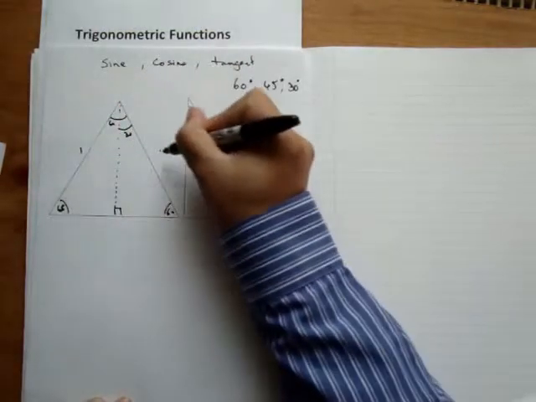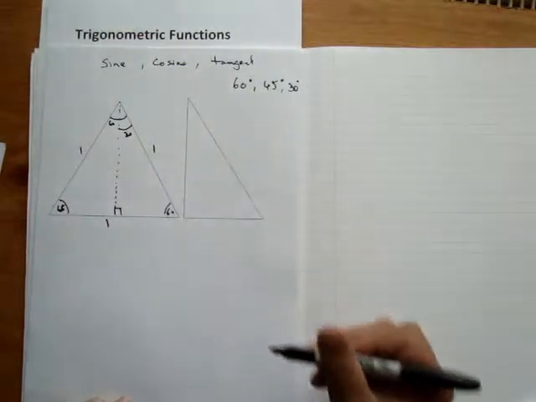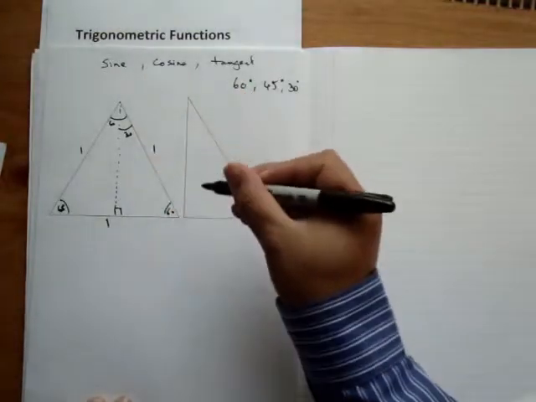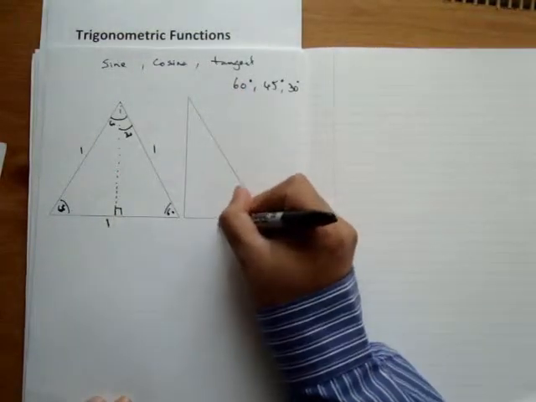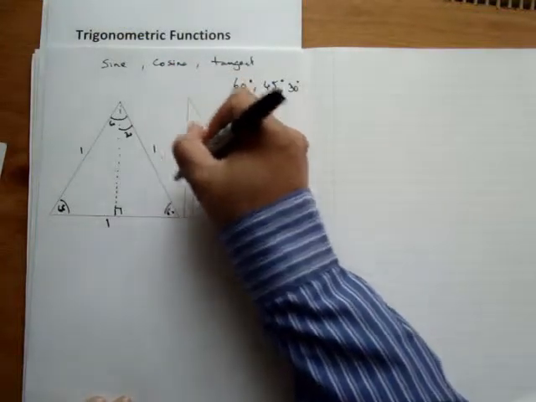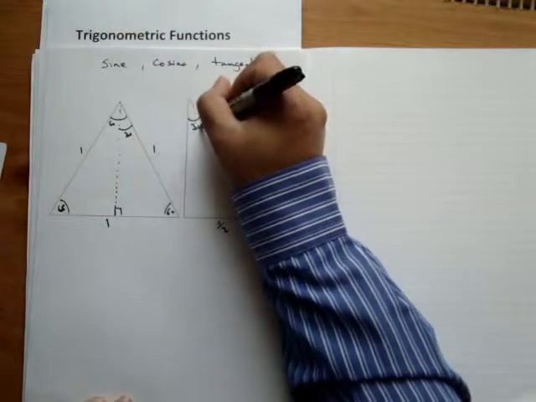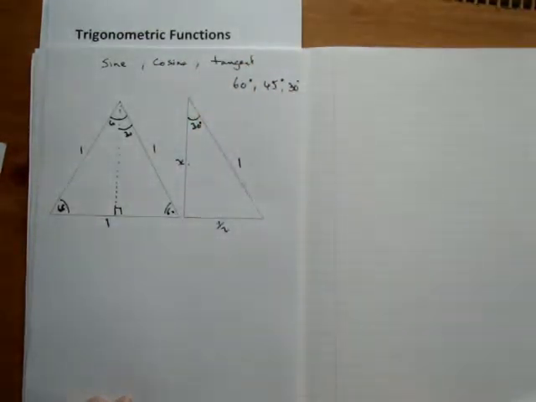Each side is a unit, so that would be 1, 1 being an equilateral triangle. When we divide it into two, this 1 divided exactly into 2 becomes a half. This hypotenuse remains 1. This is 30 degrees, and we need to find x.